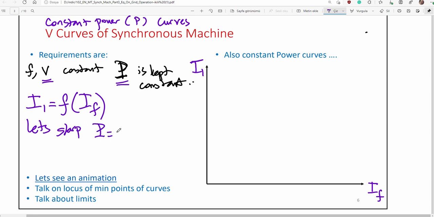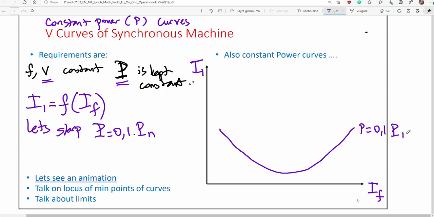Power is equal to 0.1 times its rated value. Let's start here and adjust field current, and you will observe such a change.